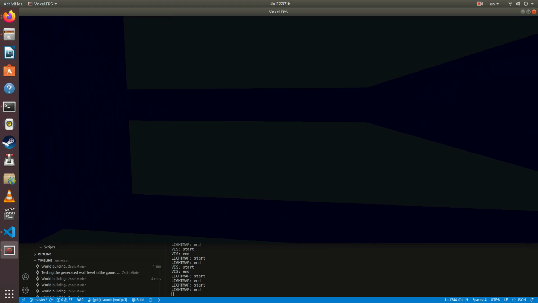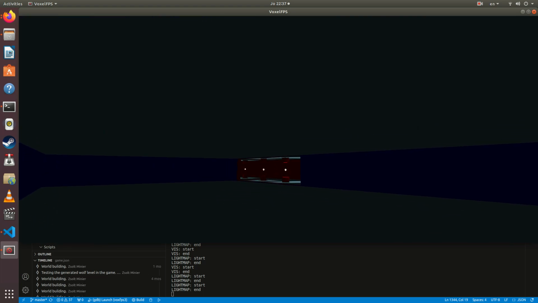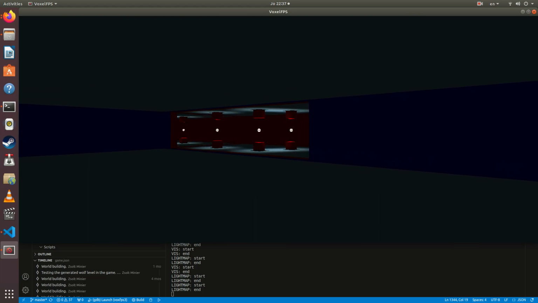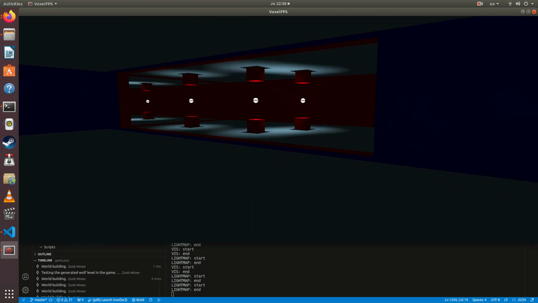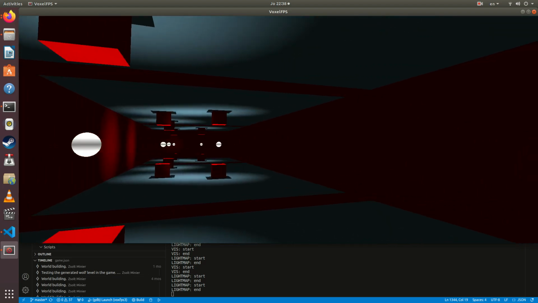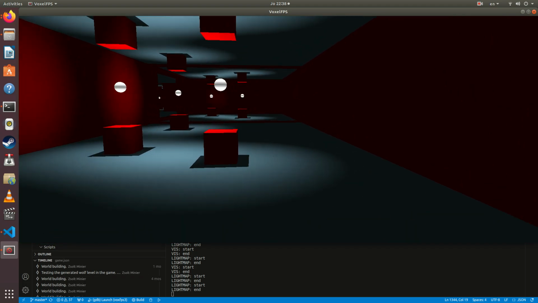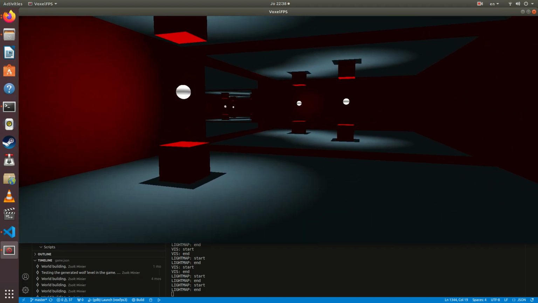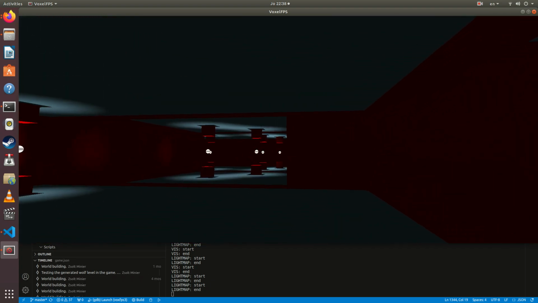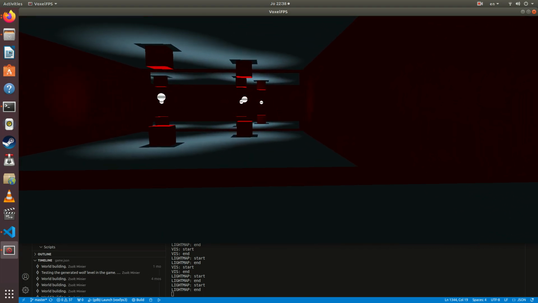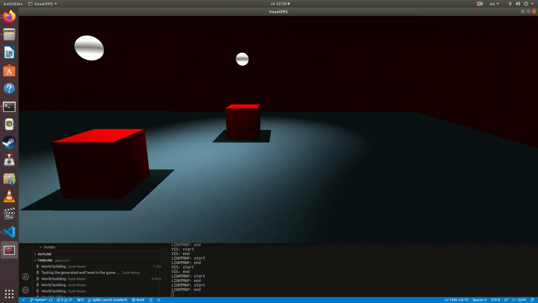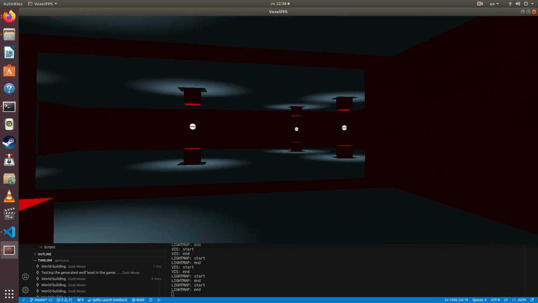So this level looks a lot like what Wolfenstein looks like, and it's a pretty big level. Of course, that is not saying much in the year of 2023, because Wolfenstein was like 30 years ago, or even more, 31 years ago.